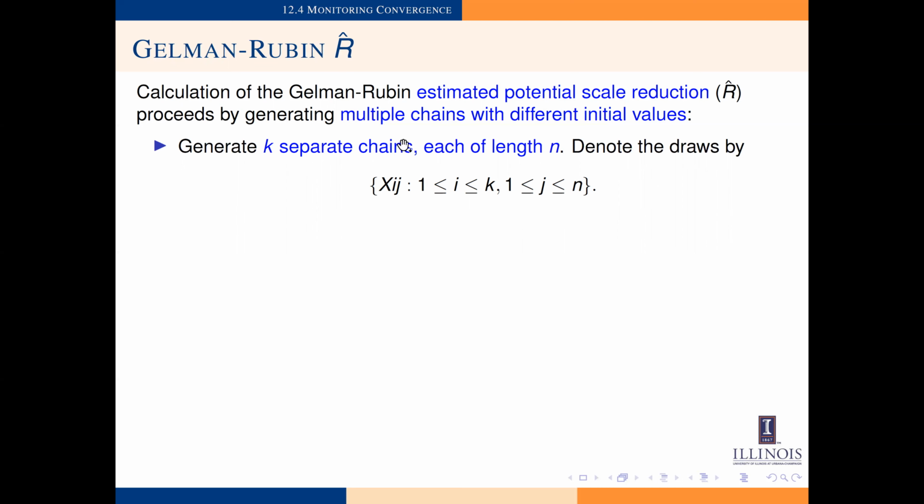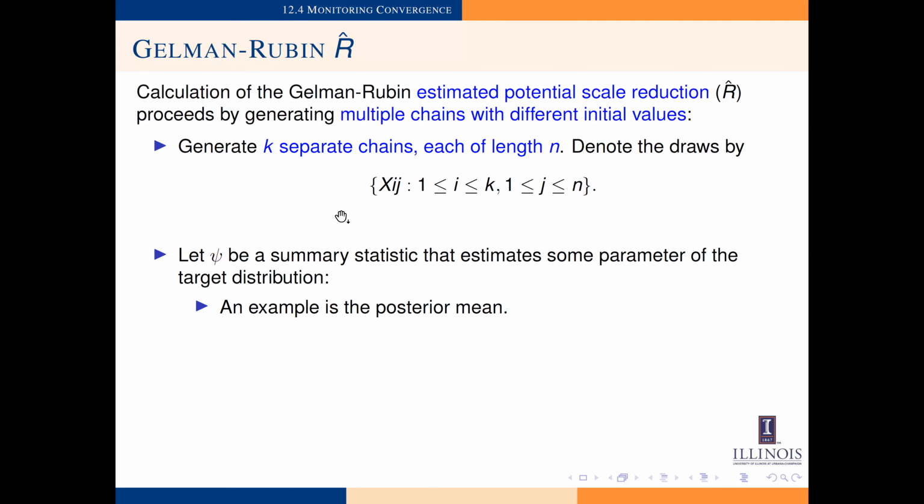The different chains ideally have different starting values that are far away. Let psi denote a summary statistic that estimates some parameter of the target distribution. An example is that psi is an average, in other words, the posterior mean.